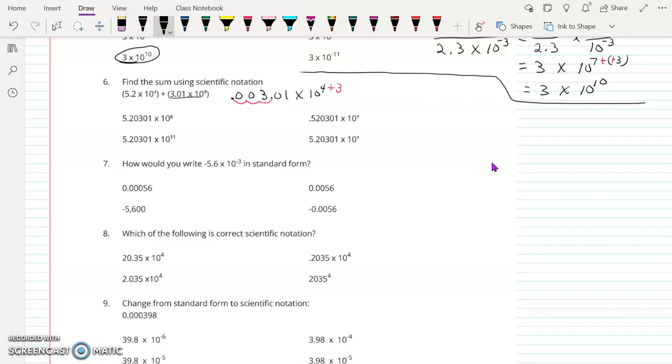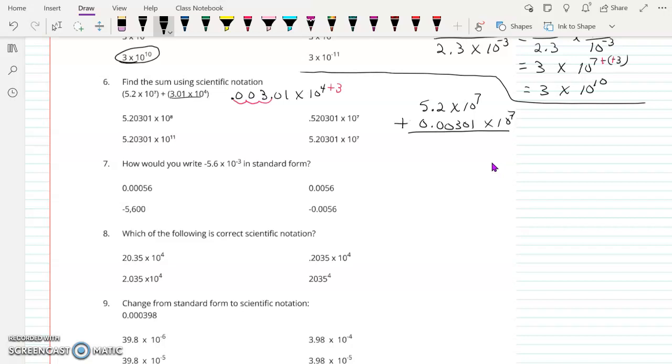Moving to the left increases the power. Okay, so now I can line them up and add them. So now I've got 5.2 times 10 to the 7th. I've got 0.00301 times 10 to the 7th.